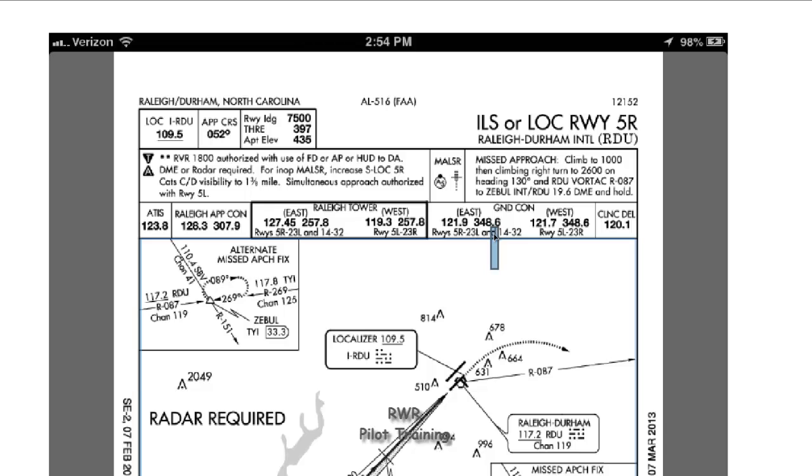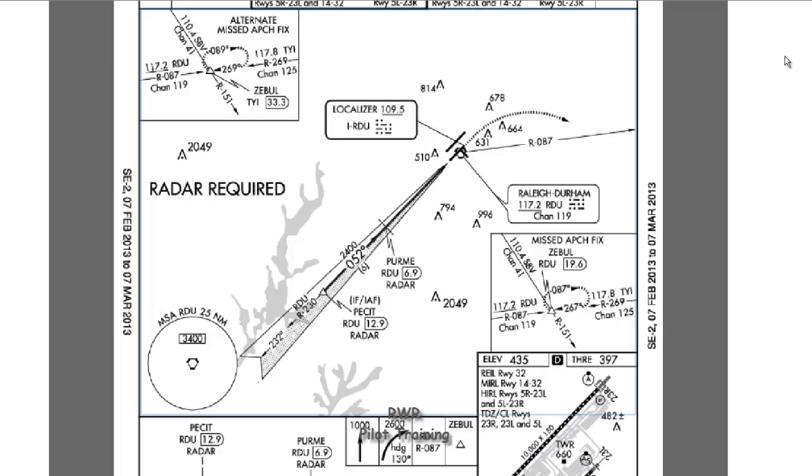Next, we'll want to look at the plan view, and the plan view is showing us that the approach starts at Peckett here, just straight out from the runway.